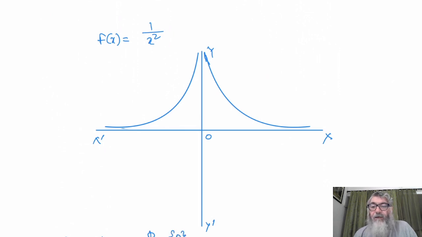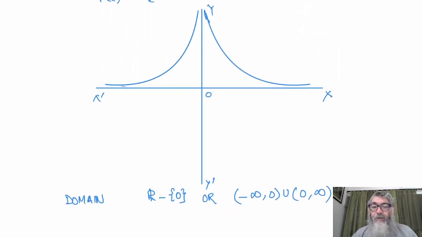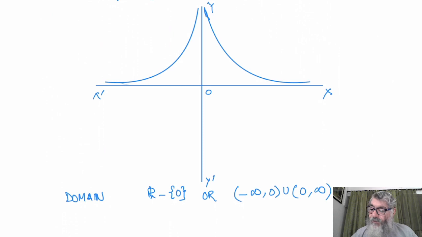From the set of real numbers, take out the 0. Or another way to write it is minus infinity to 0 union 0 to infinity. Around 0 on both sides I have put an open bracket, which does not include 0.